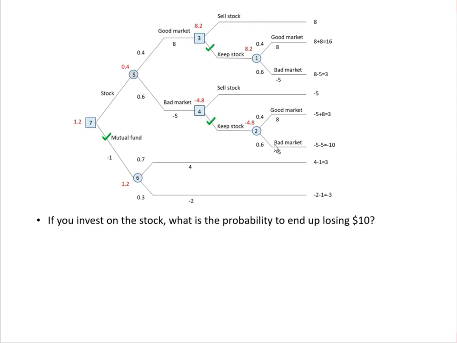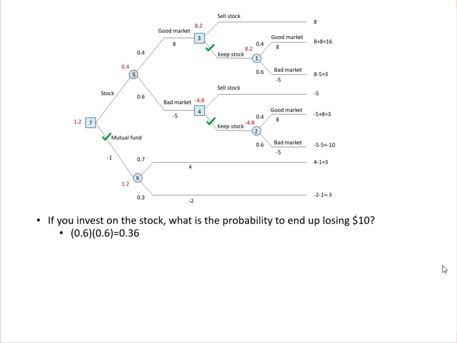Second, market is bad another time. So the probability of having those events to happen is simply 0.6 times 0.6, which is 0.36. So that's the answer. So basically, if you like to know what's the probability to end up somewhere, all you need to do is to multiply all the probabilities you can find along the path.